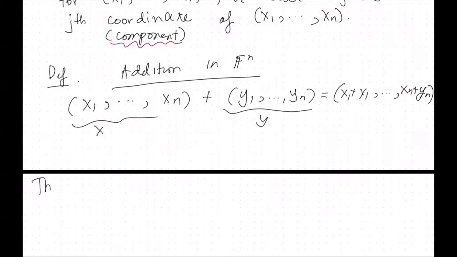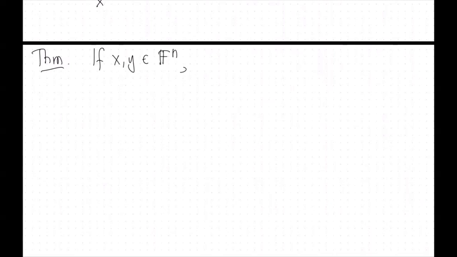And from that definition, we have the following theorem or proposition. It's not very big, but I can call it a theorem also. If we have x and y in F^n, then x plus y is equal to y plus x.